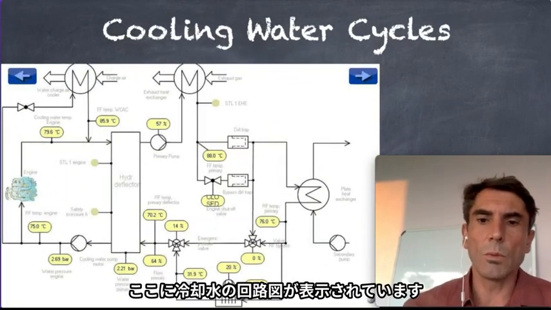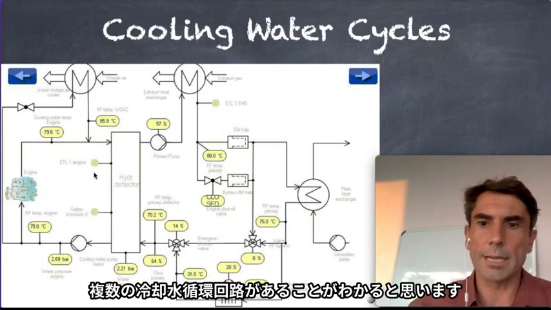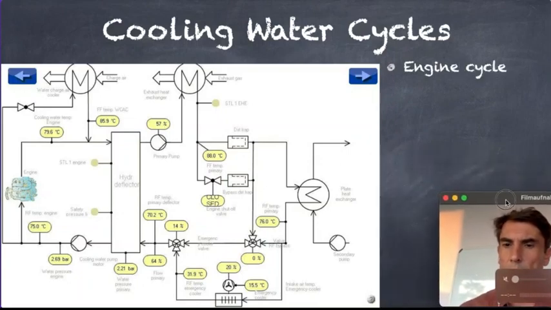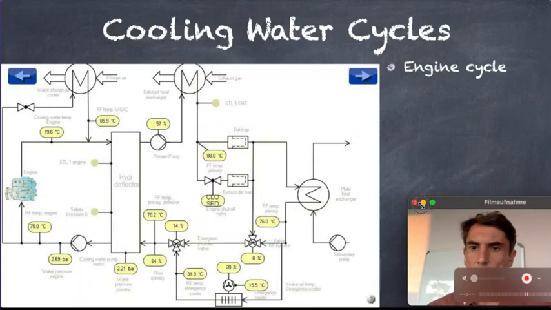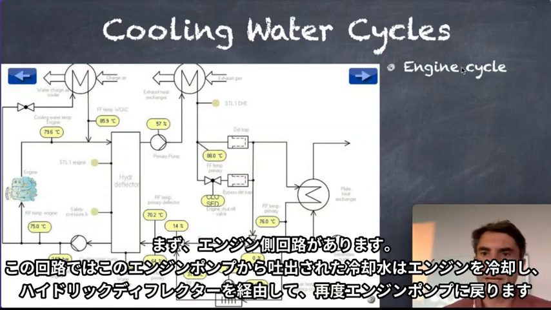Okay, so here we have a water flow diagram. We have different cycles. First, the engine cycle. The engine cycle is the cycle where we have the engine pump running through the engine, and the forward flow goes back into the hydraulic separator.